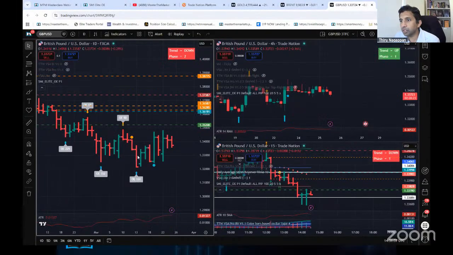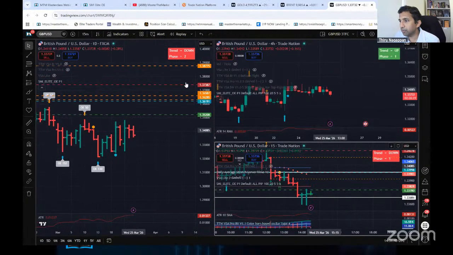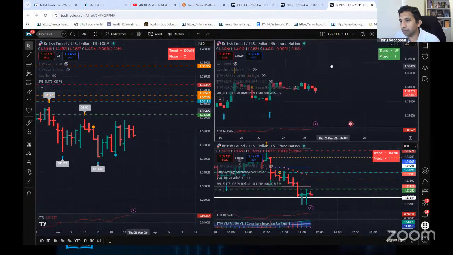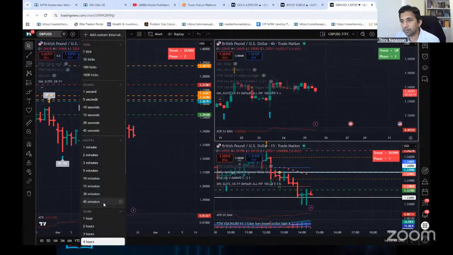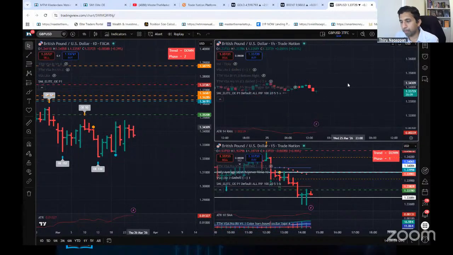I'll just take a look at GBPUSD very quickly. This might be a trade here. So downtrend phase 2, uptrend phase 1. Let me just take a look here. On the 1 hour, so what's happening here?